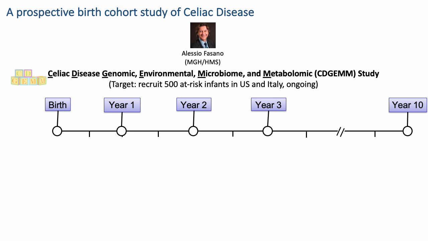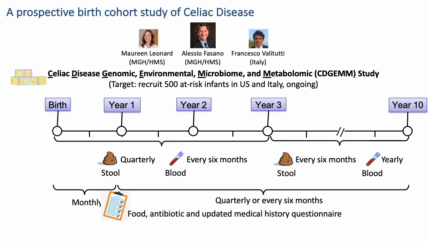During the course of the study, some of these infants develop celiac disease and some of them do not. A lot of biospecimens such as fecal samples and blood samples among others, and a lot of metadata are collected from these subjects longitudinally at multiple time points.